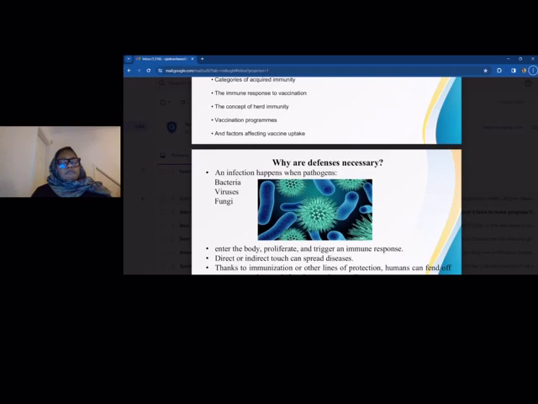What do we mean by bacteria? Bacteria are single-celled prokaryotic cells that are responsible for illnesses such as strep throat, urinary tract infection, and tuberculosis, that is TB.